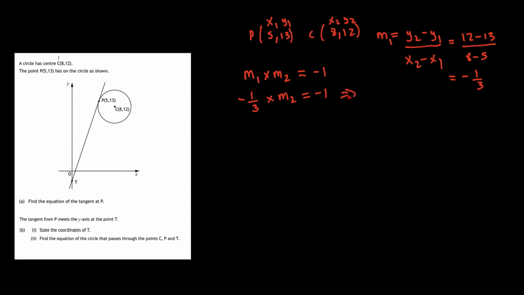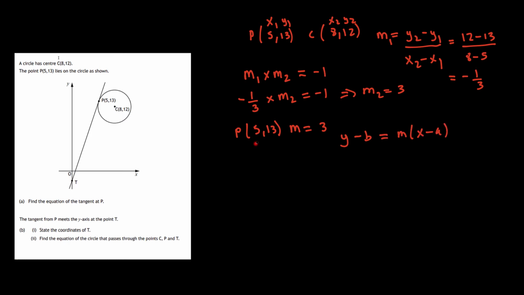So m2 must equal 3. Now that we've got the gradient of the tangent, we can use the point P, which is (5, 13), and of course m as 3, and substitute all this into the following equation.